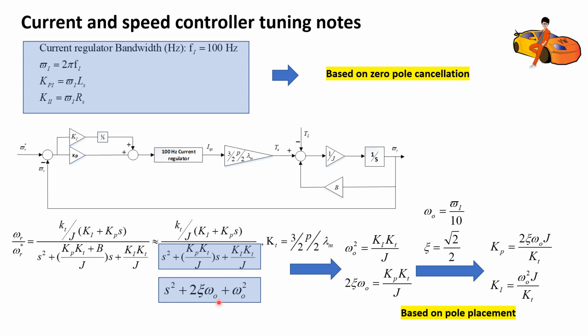If we set the damping and the natural frequency, and we set the natural frequency to be 10 times smaller than the current regulation bandwidth, you can have a pretty good KP, KI tuning. But this is assuming that you know the parameters well.